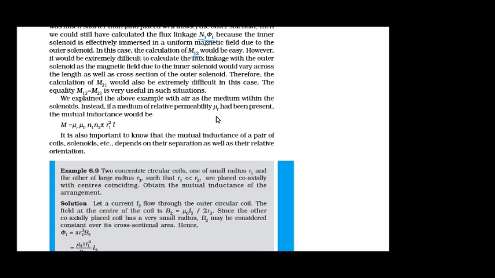If instead of air we have a medium with relative permeability mu r, then mu r will be multiplied to the whole result for M. It is also important to know that the mutual inductance of a pair of coils or solenoids depends on their separation as well as their relative orientation.